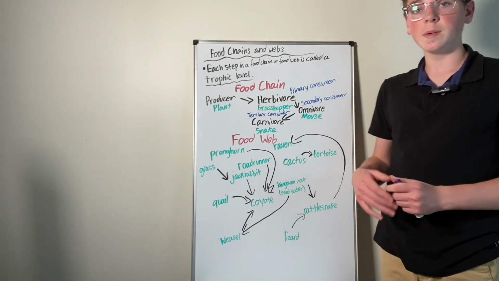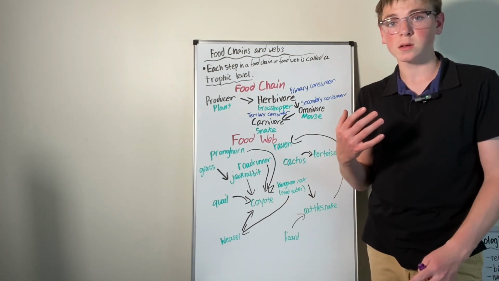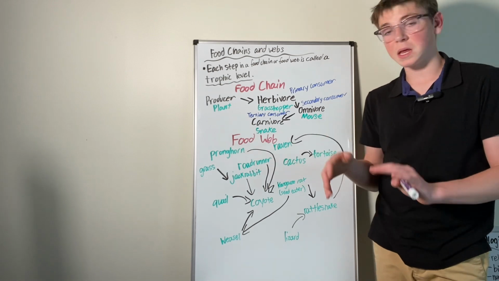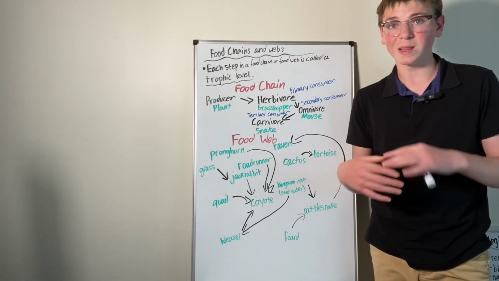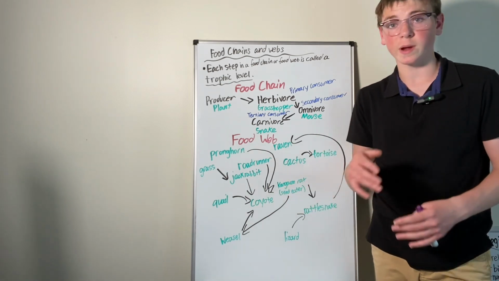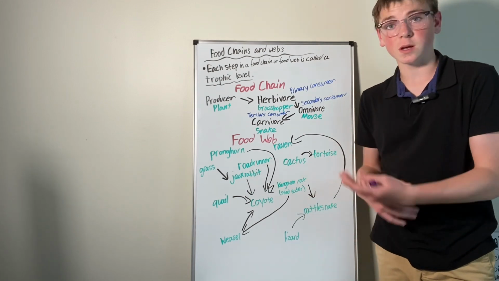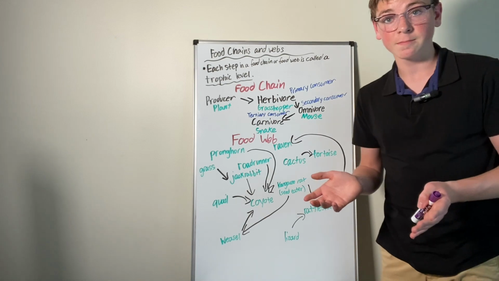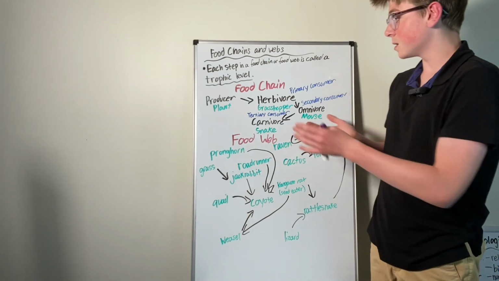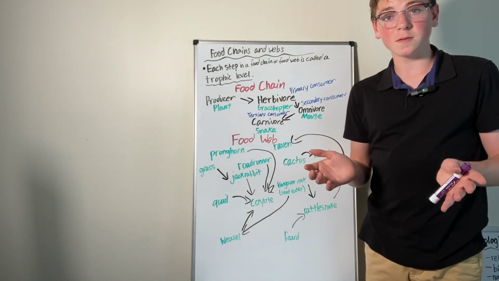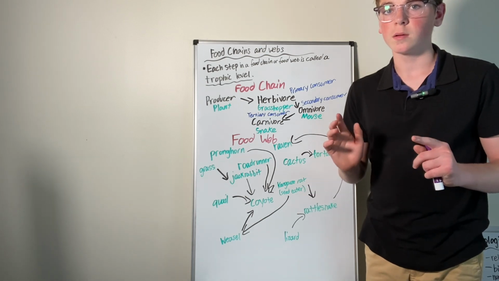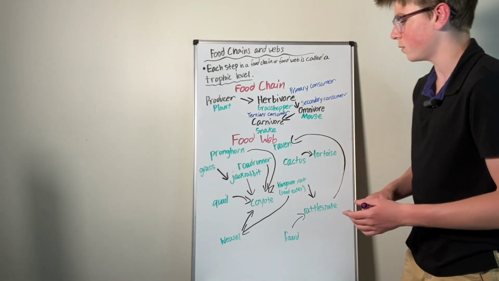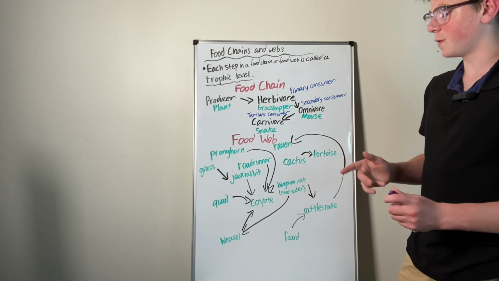Now, a food web is a more complex diagram. It shows many more organisms, many more relationships, many more transfers of energy from different organisms. So it is a lot bigger, and it does basically the same thing as a food chain, but it shows a lot more different ways energy can be transferred.